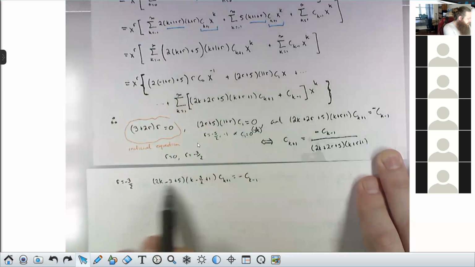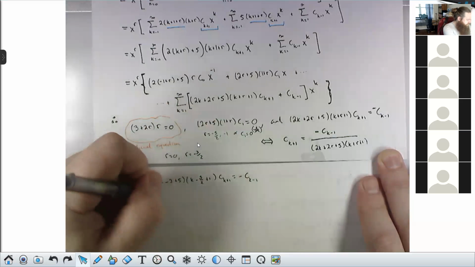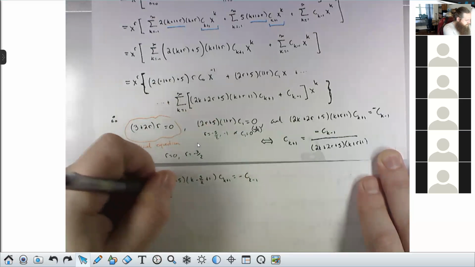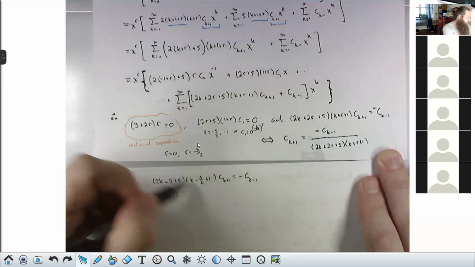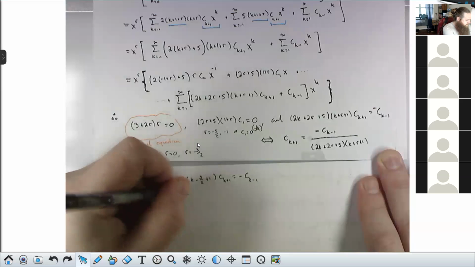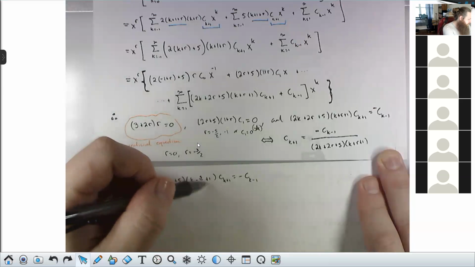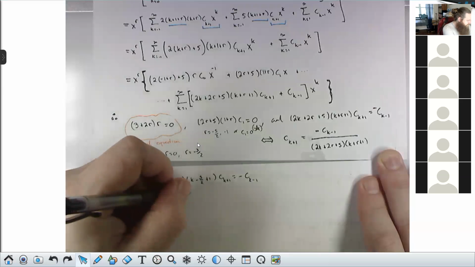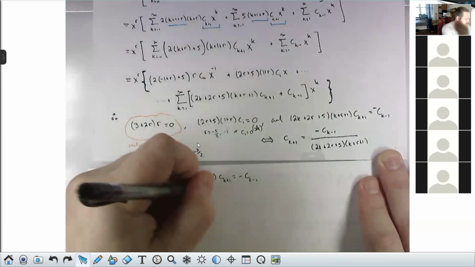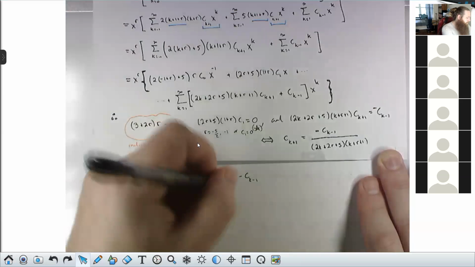This is 2k minus 3 plus 5 is 2k plus 2. And this piece here, this would be 2k minus 3 halves plus 2 halves is minus 3 plus 2 plus 1, minus 1, all over 2. And again, we'll be able to factor and cancel the 2.